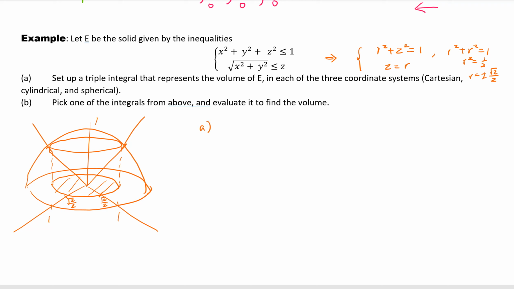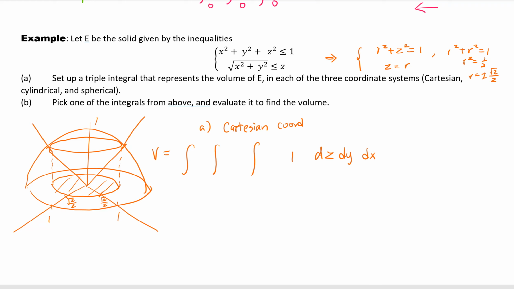First, set up, let's use Cartesian or rectangular coordinates. Okay, so what is that? We want to find the volume, the integrand is 1, and let's do dz, dy, dx.